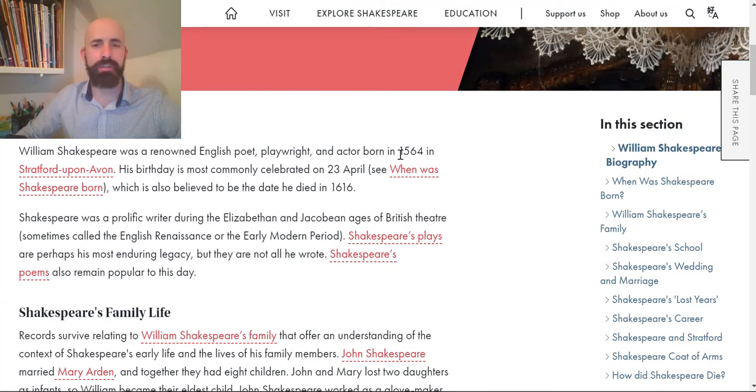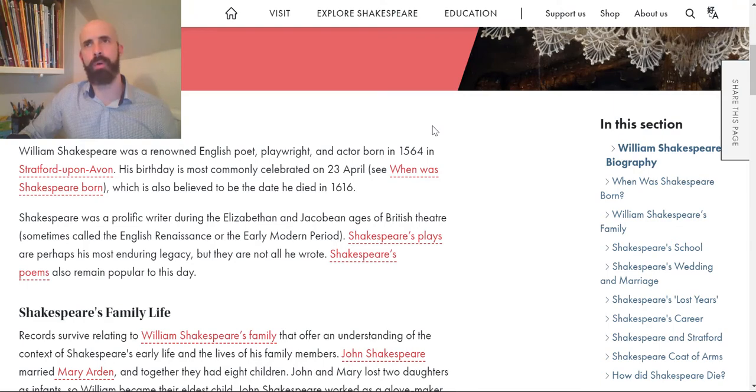So he's born in 1564 and we think that he died on his birthday, the 23rd of April, 1616. So he lived to the grand old age of 52, which was considered obviously a moderate age in Jacobean England, but it was still a slightly shortened life. No one really knows what he died of.